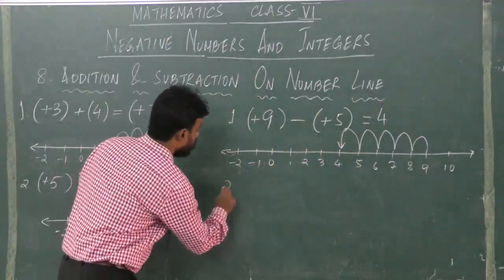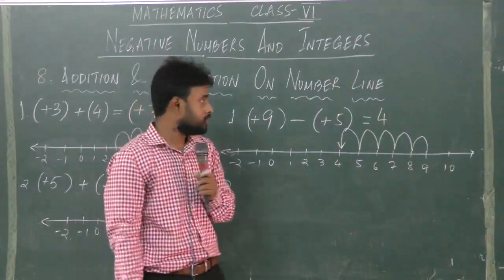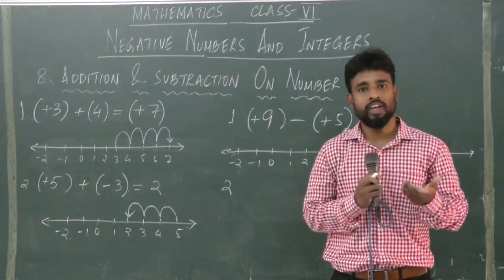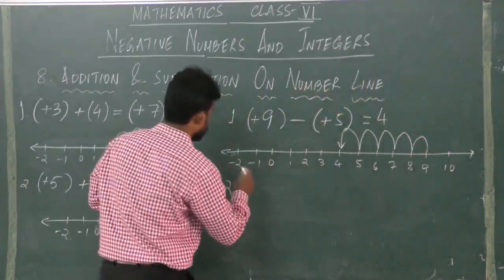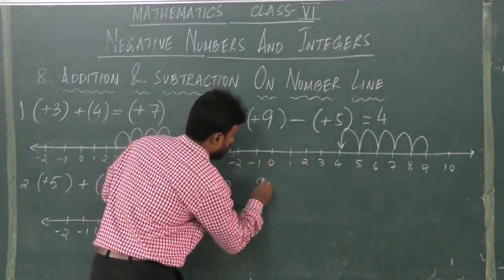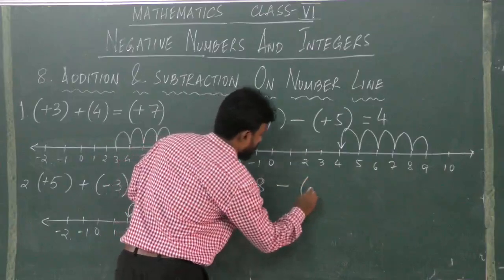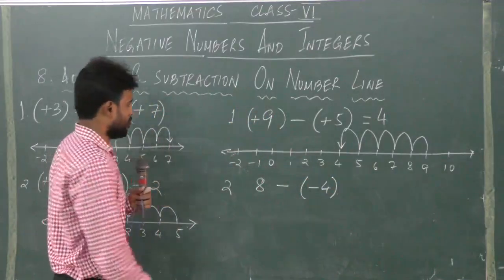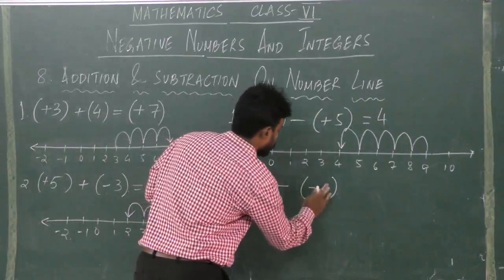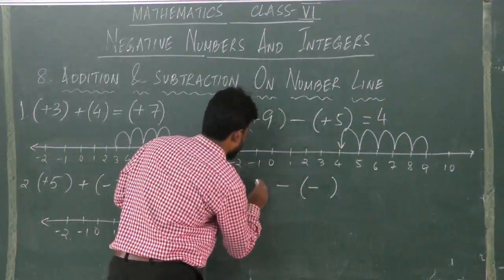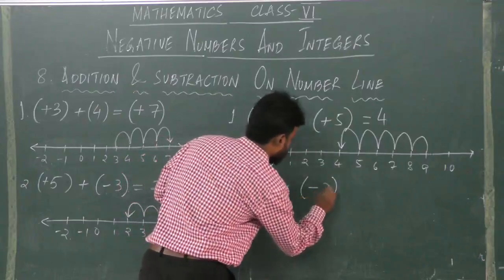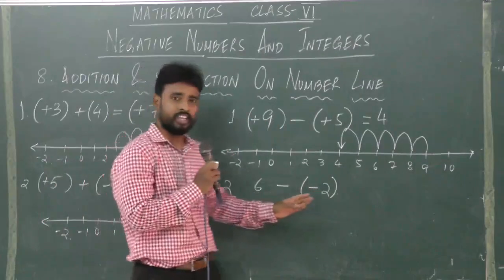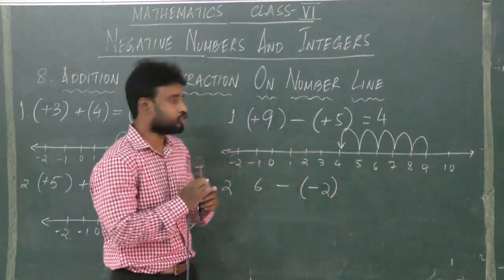Similarly, let's come to the second rule of subtraction. And here, we want to subtract a negative number from a given number. So what I have taken is, I have taken 6 and I have taken minus 2, and we want to subtract these two numbers.